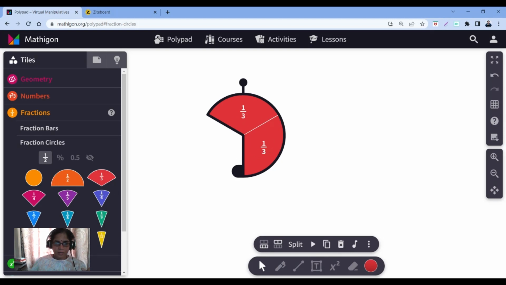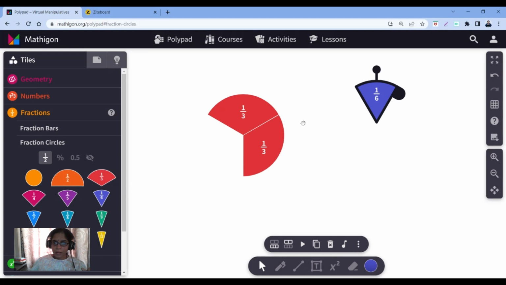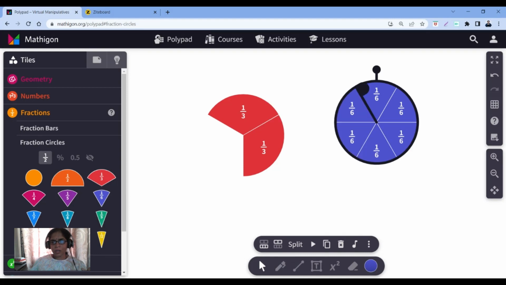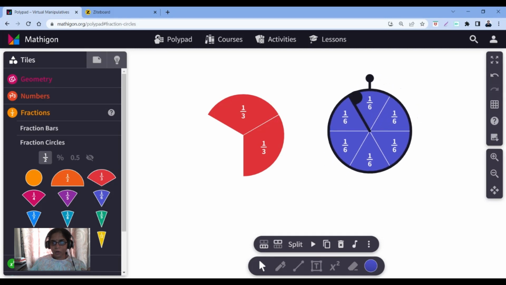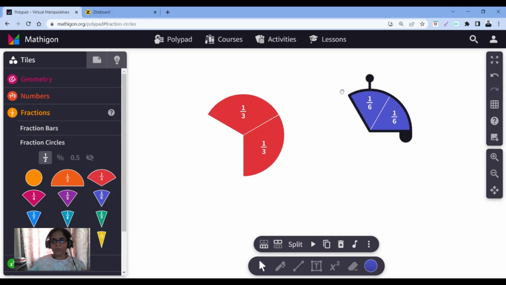And if I ask for two sixths, why is it two sixths? Because I cut this one whole into six pieces, and then I talk about two pieces out of that. That makes it two sixths.